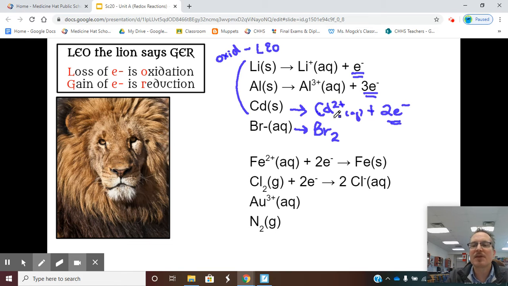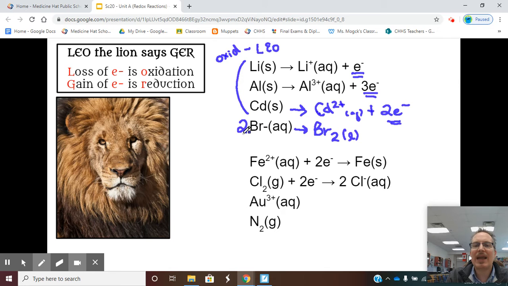So like we did for cadmium, we balance atoms first. So I have 2 bromines, and this is a liquid. So I have 2 bromines on the right, and so I only have 1 bromine on the left. So the first thing I'm going to do is put a 2. 2 bromines on the right, 2 bromines on the left. Now my bromines are balanced. After I balance atoms, I then have to balance charges.